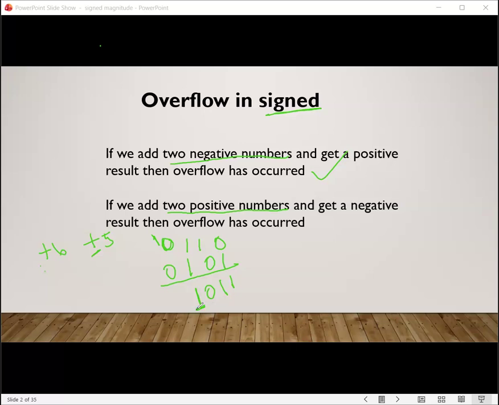So here we got a negative bit. 1 is for negative value. So even here, the answer is wrong. Okay, so what should be the answer? 6 plus 5 is 11.